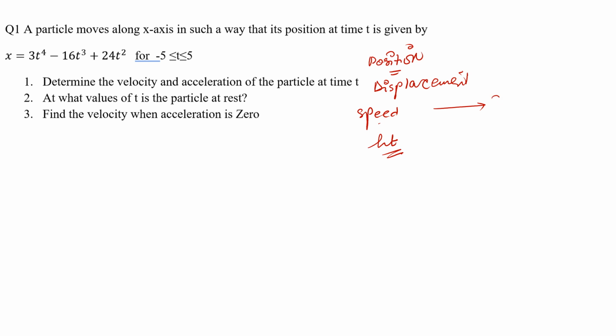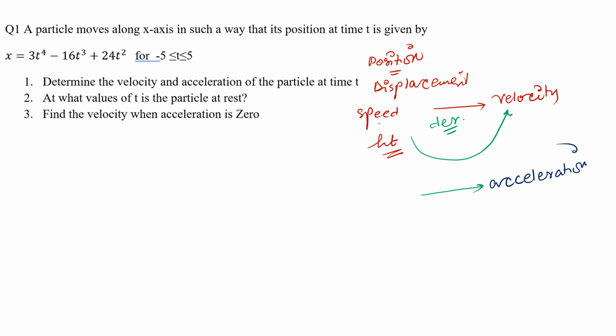In order to get the velocity, you always take the derivative of the position. So after taking the derivative of the position, you will get the velocity. In other words, velocity is the derivative of position. Similarly, from the velocity, if you again take the derivative, then you will get the acceleration.